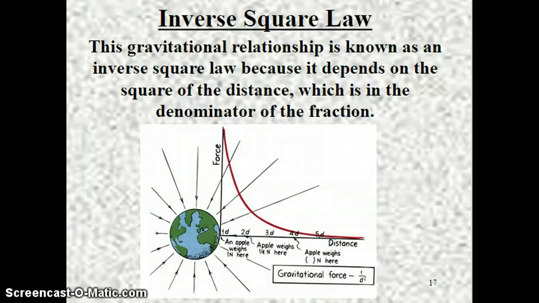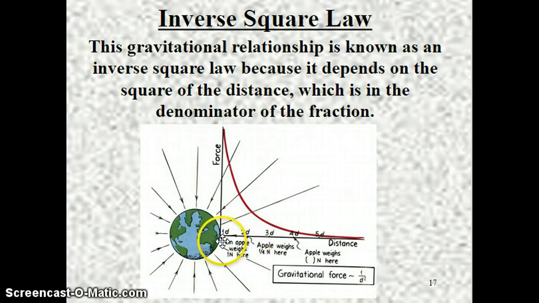This law of gravity is sometimes referred to as an inverse square law. If you notice in the formula, the distance is squared and it's in the denominator. So what this figure is trying to get across here is that the further away you get, when you push objects away from each other, the force of gravity between them decreases by the square.